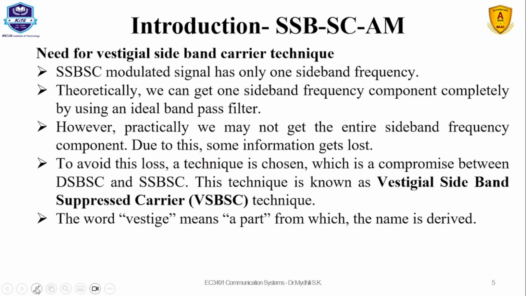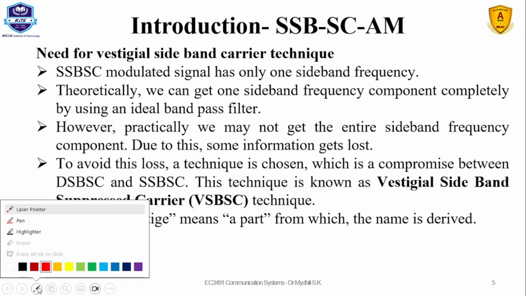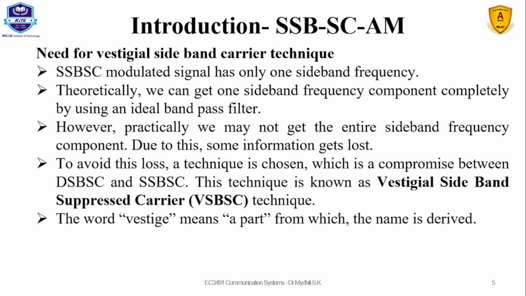We know that for single sideband suppressed carrier AM and double sideband suppressed carrier AM, the carrier is suppressed and we have either a single sideband, upper or lower. Only one of the sideband components is present here.